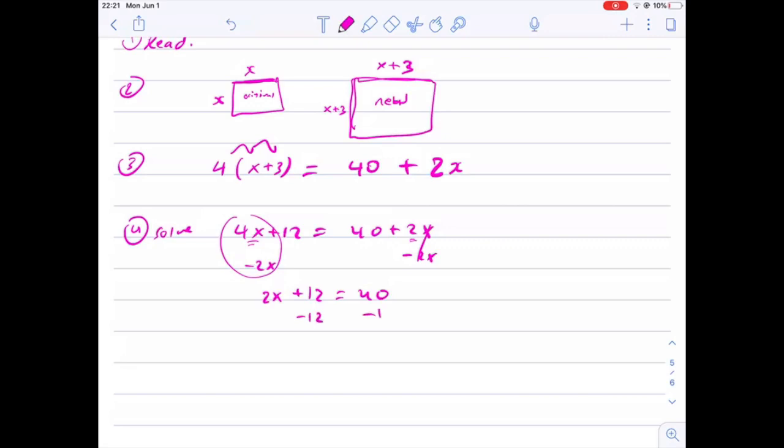Then we subtract 12 from both sides. We get 2x equals 28. And then divide both sides by 2. You get x equals 14. So the solution set is 14.